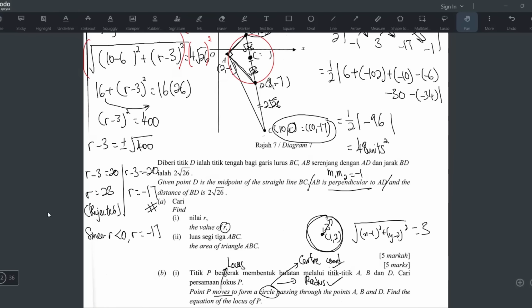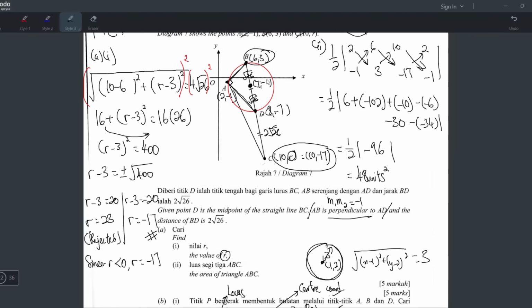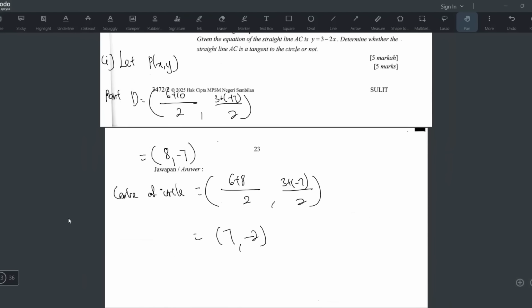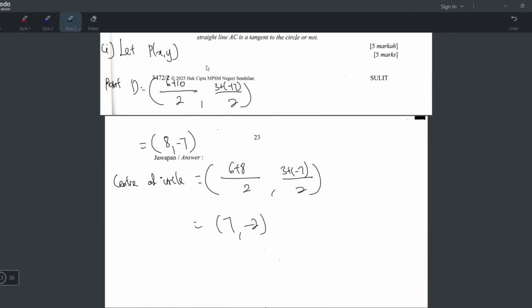Okay, with the center coordinate now, we can find the equation of circle. Just use this and the radius, the distance. When you find the equation of circle, you need to make sure you know the radius, the distance from the center to the side of circle, which is the radius.